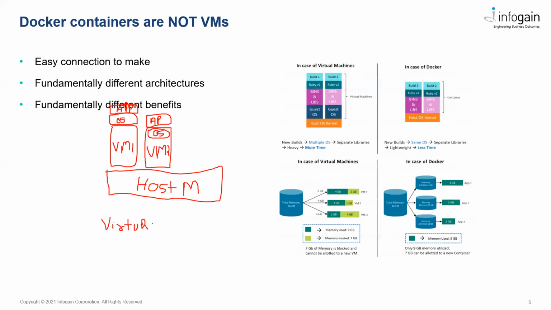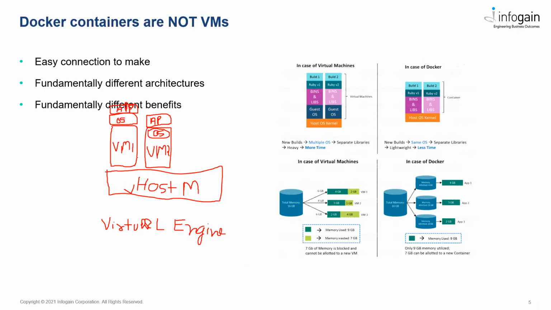Can I call it a virtualization engine? If you don't have this, then you cannot create a virtual machine. Am I correct? Yes. One of the virtualization options is Hyper-V. So where do you need this virtualization engine? In a host machine, right? In a host machine, yes. Very true. You got it.